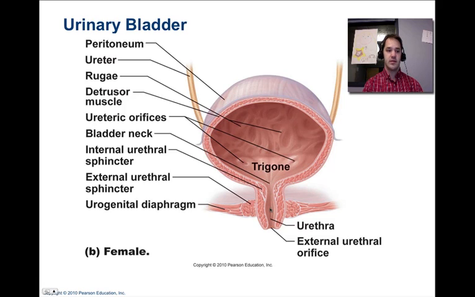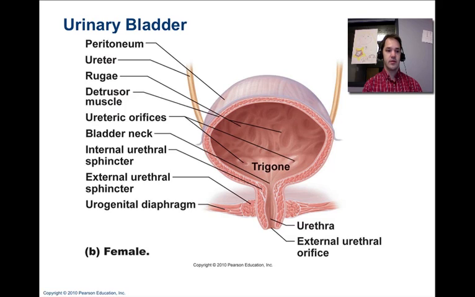There are two sphincters associated with the urethra: the internal urethral sphincter, this region right here, where the ureters enter the bladder, and this triangle right here is called the trigone. And then the external urethral sphincter is voluntary muscle formed by the skeletal muscle at the urogenital diaphragm.